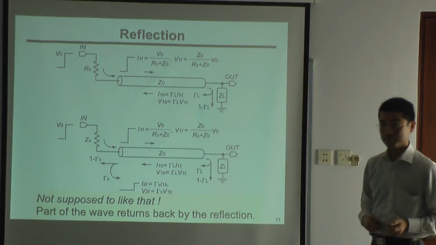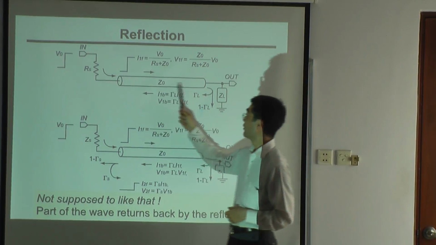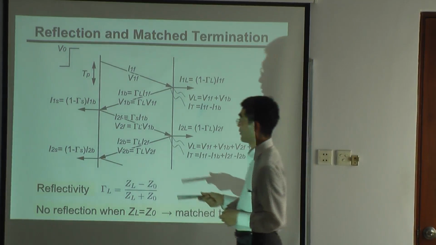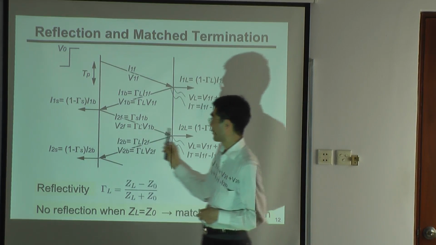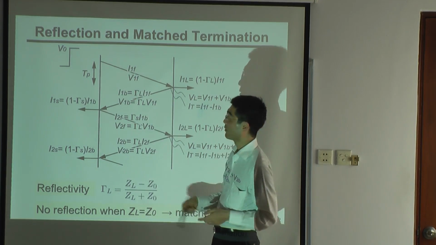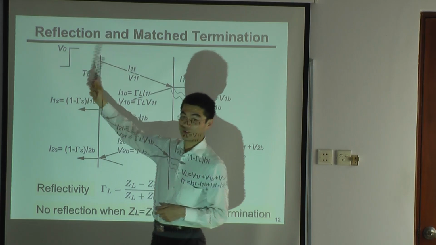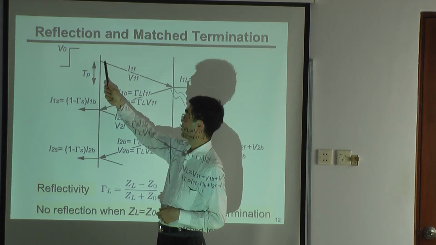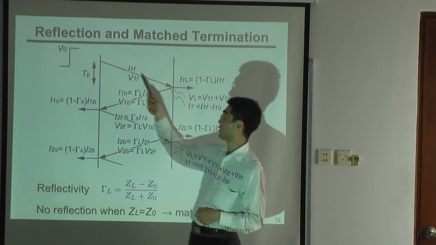And also, it takes time to travel from here to here. So this is the sender side and the receiver side, and the y-axis shows time. So at time 0, there's an incident voltage. And this incident voltage goes to the receiver side as time goes.